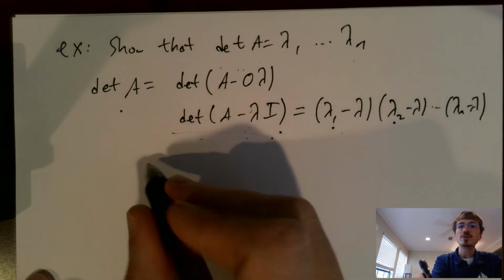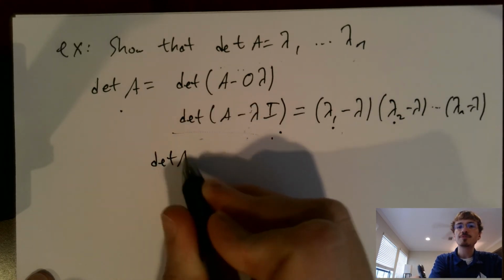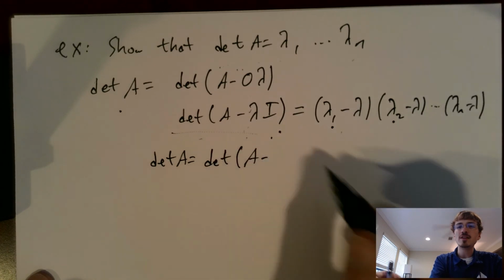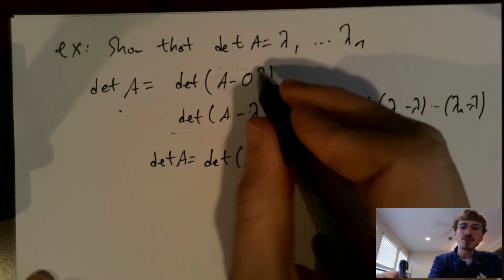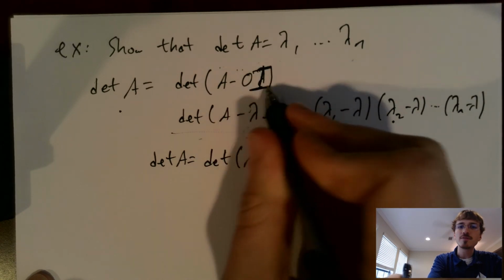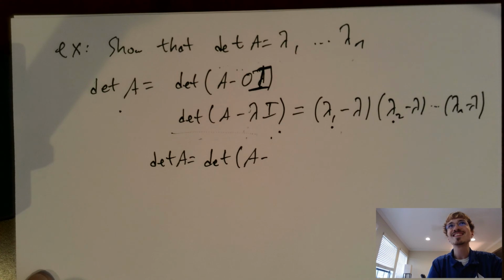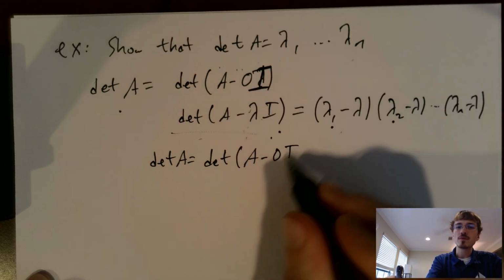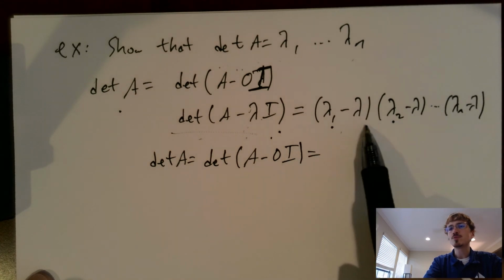So if lambda is equal to 0, we get the determinant of A is equal to the determinant of A minus, mistake up here, I'm sorry about this, guys, it's A minus 0 times I. I apologize. So now we replace lambda with 0, but that's the same as replacing lambda with 0 in this factored expansion.